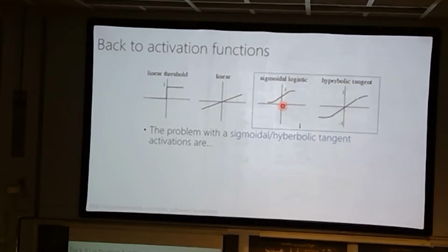It looks like on the picture that maybe they just get small, but they totally asymptote here, and similarly there. Remember, you're piping in a linear additive thing into each of these, so if that thing is really big or really small, you're also going to get 0 gradient. So this is better than linear threshold because it's not 0 everywhere, but it's only non-zero in this special regime, and that can be really problematic.